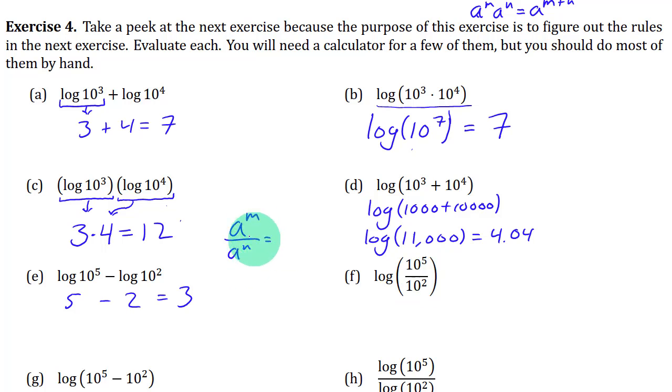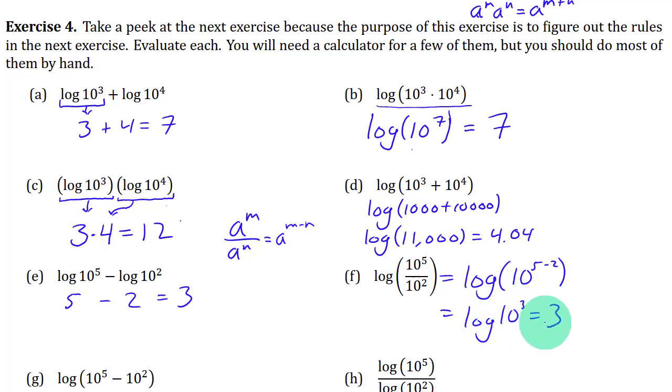You cancel out n factors of a and you just get a to the m minus n. So you can apply that rule here to get, just simplify the inside first to become 10 to the power 5 minus 2, which is 10 to the power 3. And what's log of 10 to the power 3? That is 3.